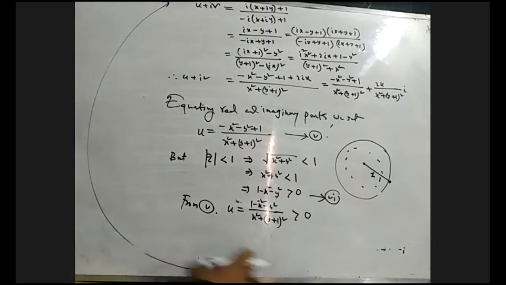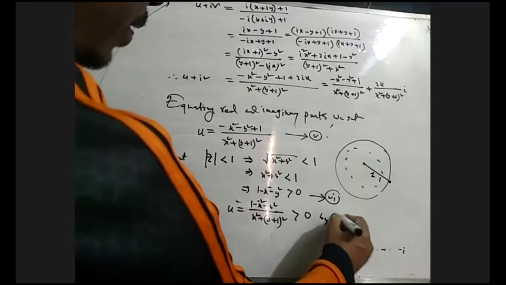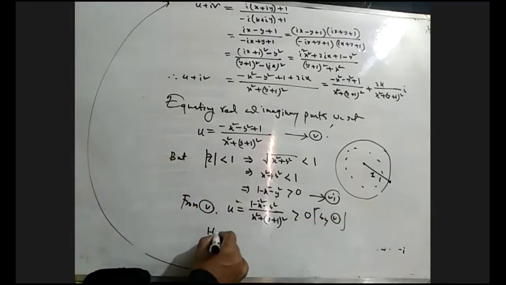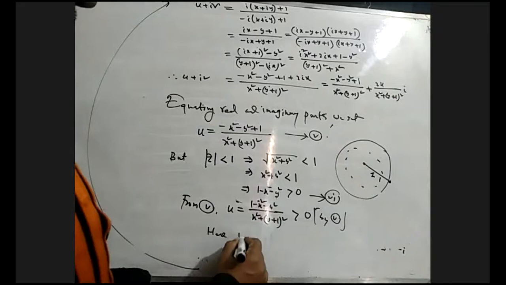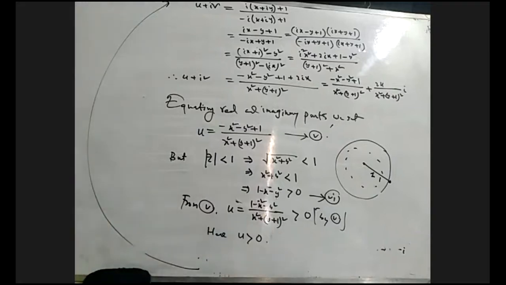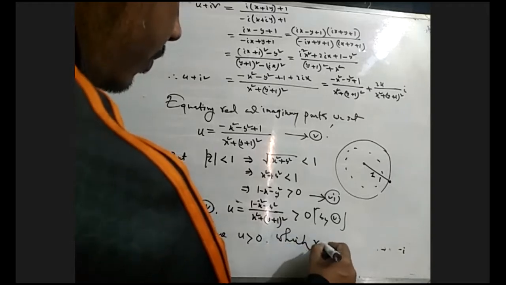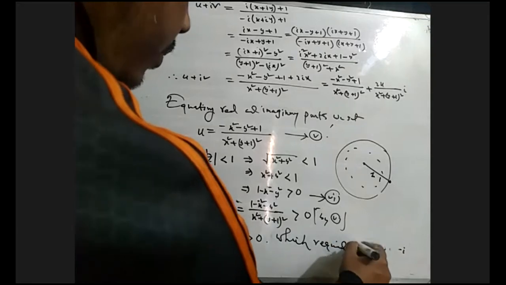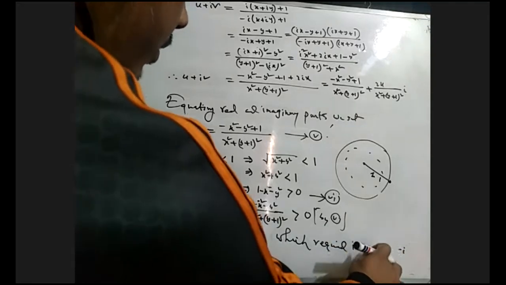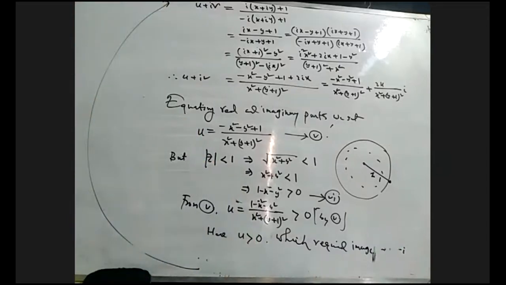Hence, by 5, we can say that u is greater than 0. So this is the required image.